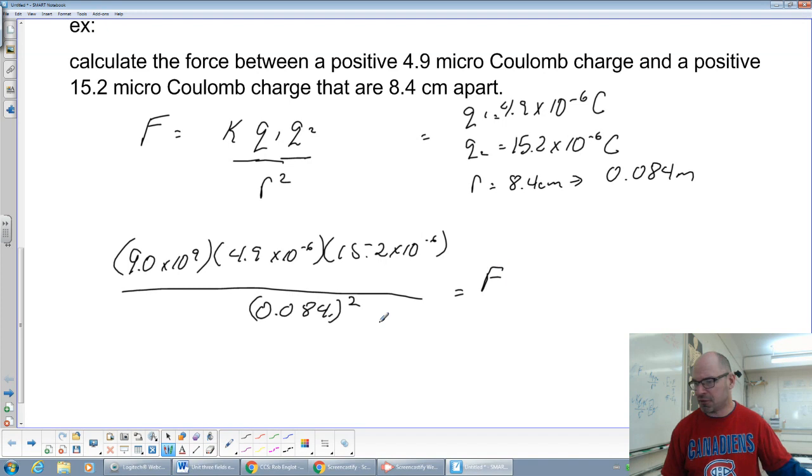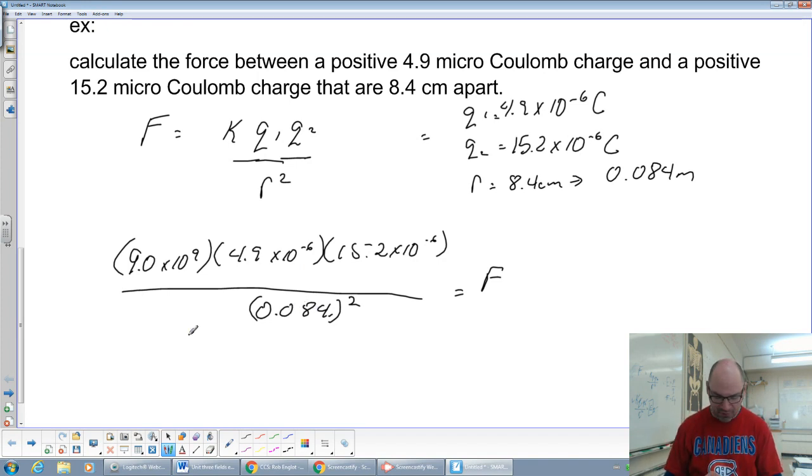Okay, and that's going to be in newtons. If we kept our units in there, the constant is newton meter squared per coulomb squared, and the meter squared cancels out, and the coulomb squared cancels out because of the two values of coulombs here and the two values of meters there when you square the meter.